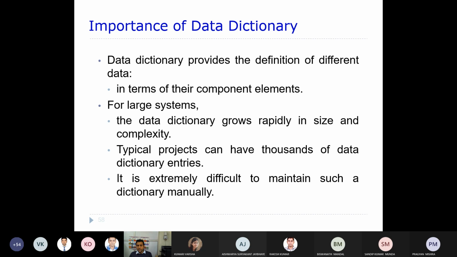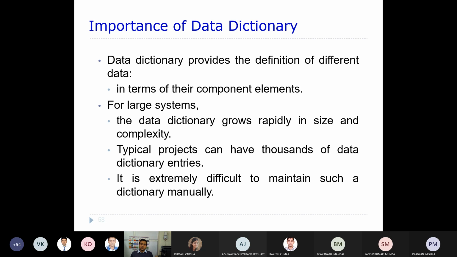That is why we said that the data dictionary will also grow in size and complexity. So typical projects can have thousands of data dictionary entries, right? So now you can understand, you will have so many data items. So it is extremely difficult to maintain such a dictionary manually. You cannot manually maintain all of this data dictionary.